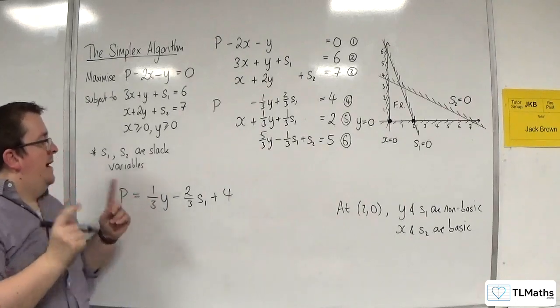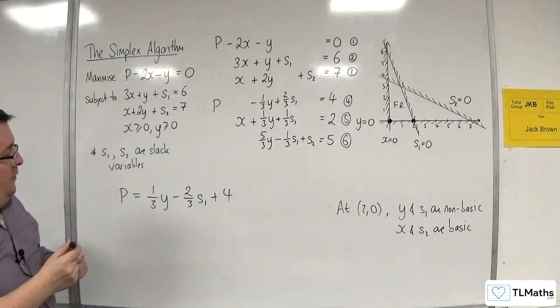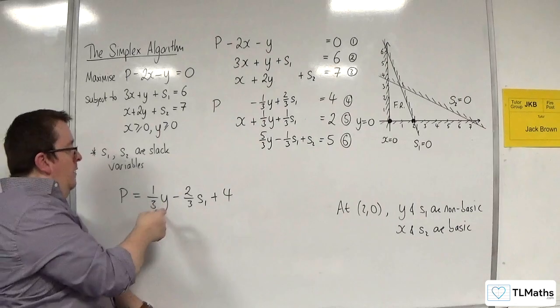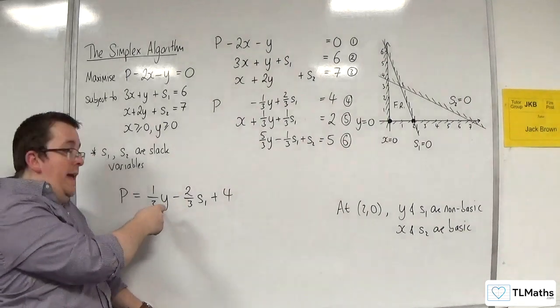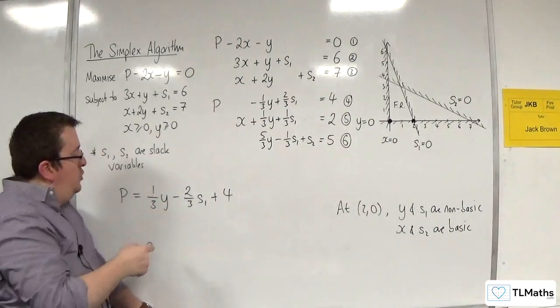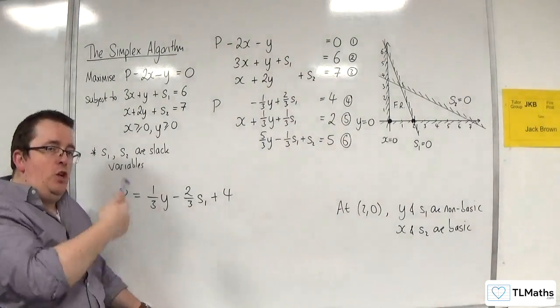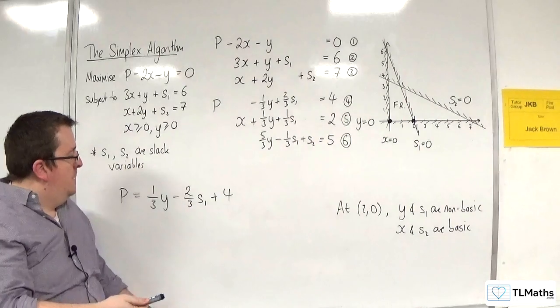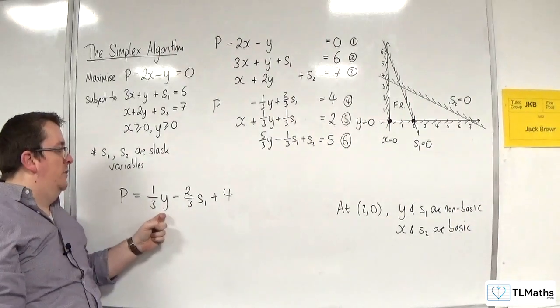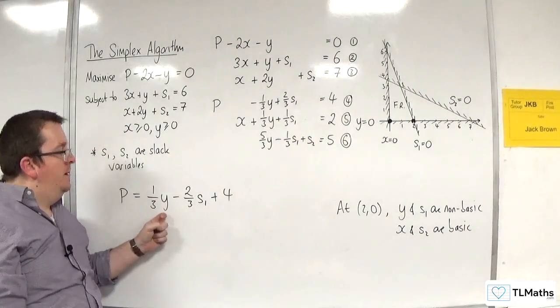Now, if y here is positive because I've got a positive coefficient, that means that potentially P could increase. Because if I increase y now, P would increase.